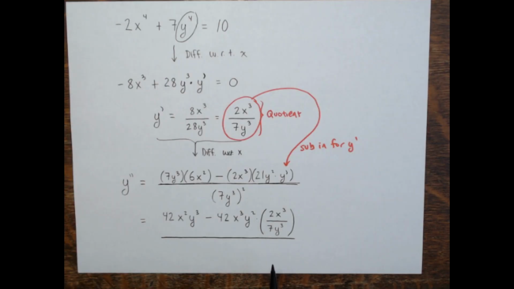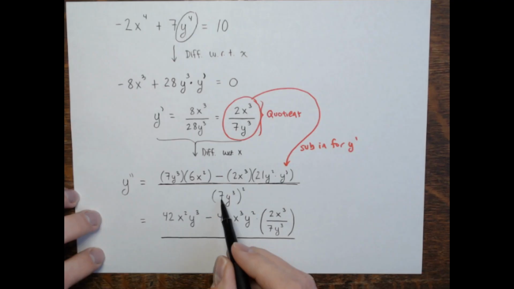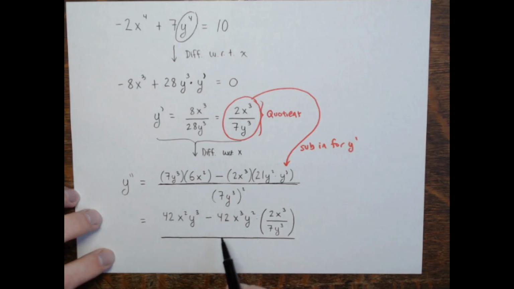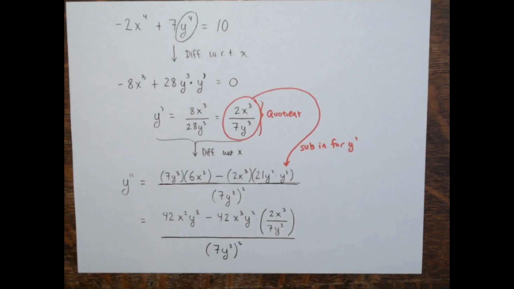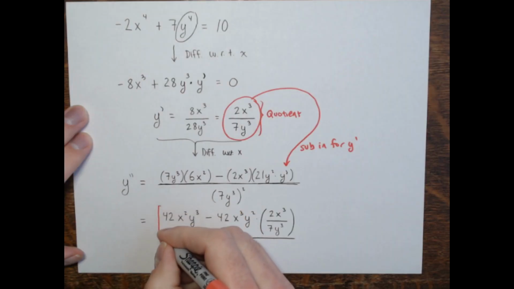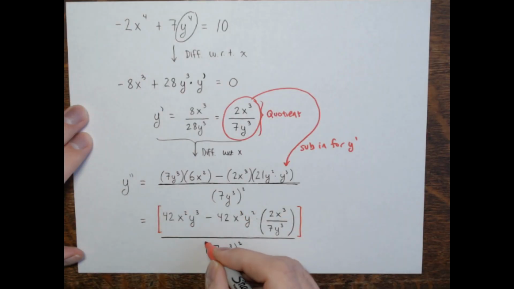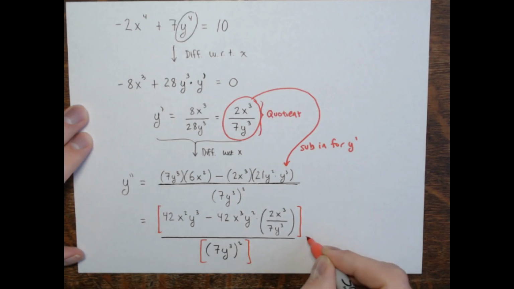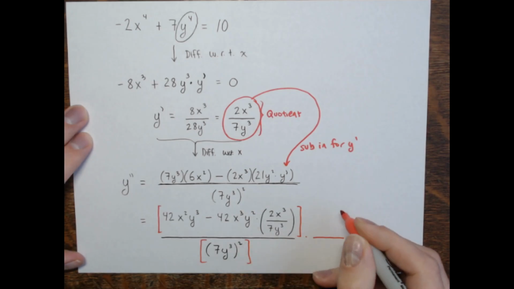So again, you got a complex fraction here. I'm going to keep this as 7y cubed squared for now. And then you multiply the top and bottom, right, to get rid of this denominator of 7y cubed, and we multiply the top and the bottom by this, 7y cubed.